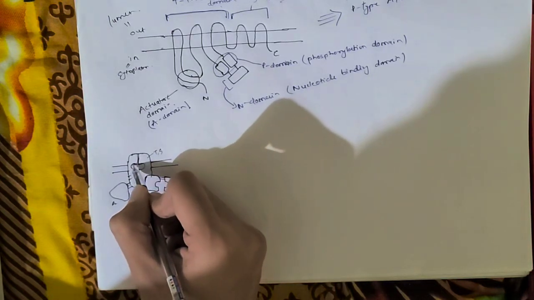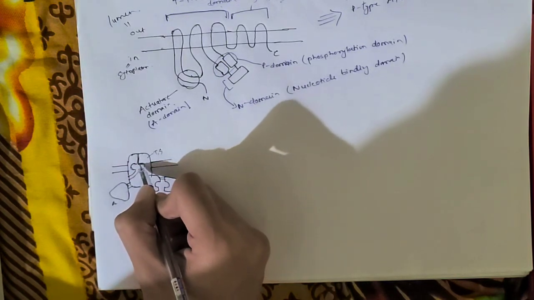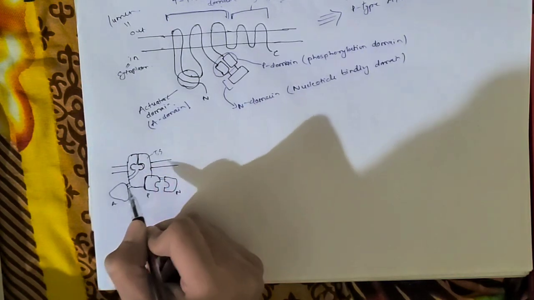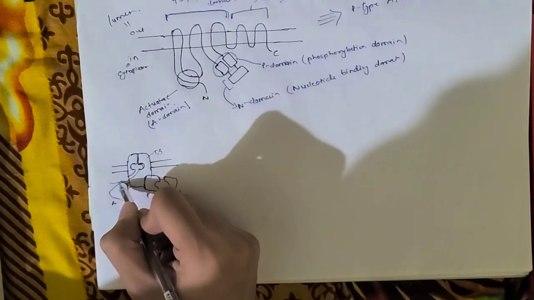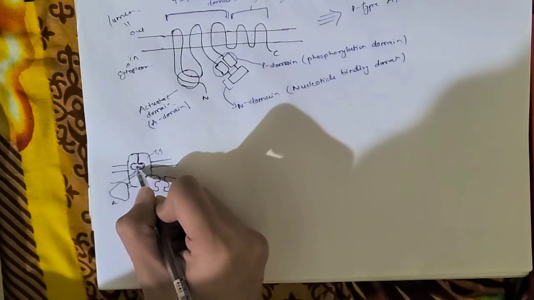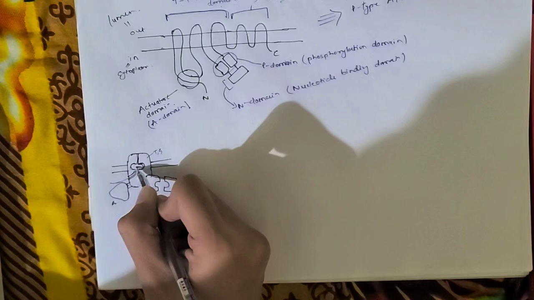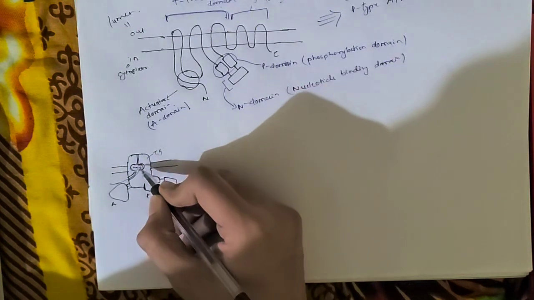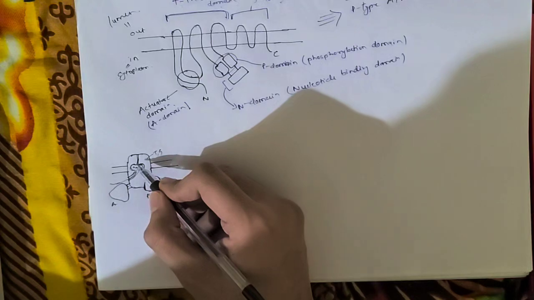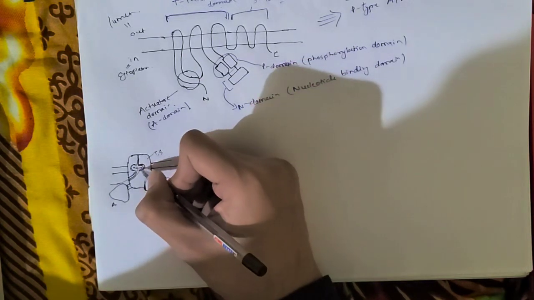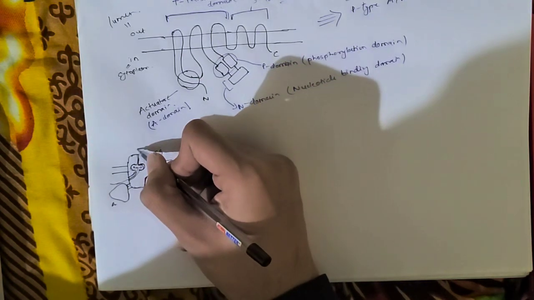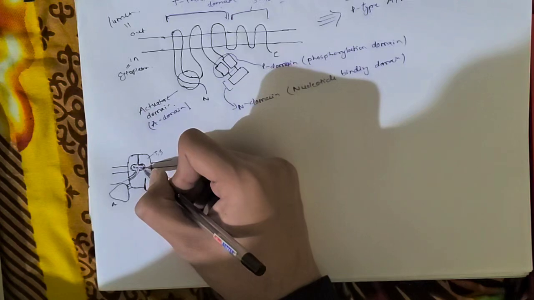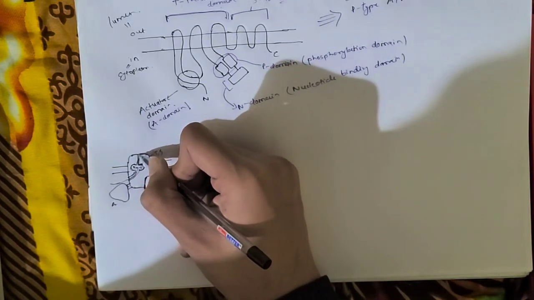This is the calcium binding pocket. Here the two calcium come from here. This is the entry canal and they bind at both sites, and when the conformational change ends, both of the calcium get thrown out of this binding site through the exit canal.